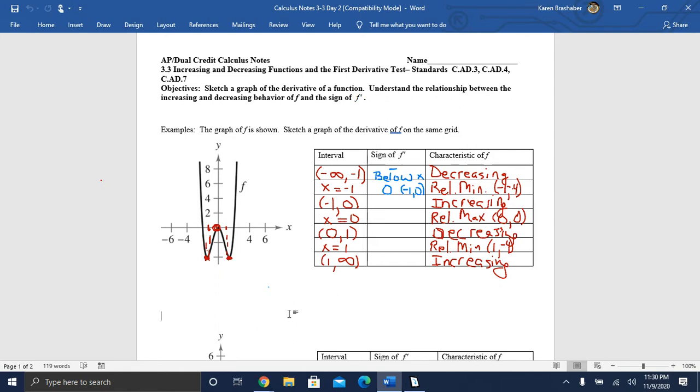And then my original graph was increasing. That means that my derivative is positive, or in other words, it's going to be located above the x-axis, so above the x. At x equals 0, I have a relative max. That means that my derivative is 0.